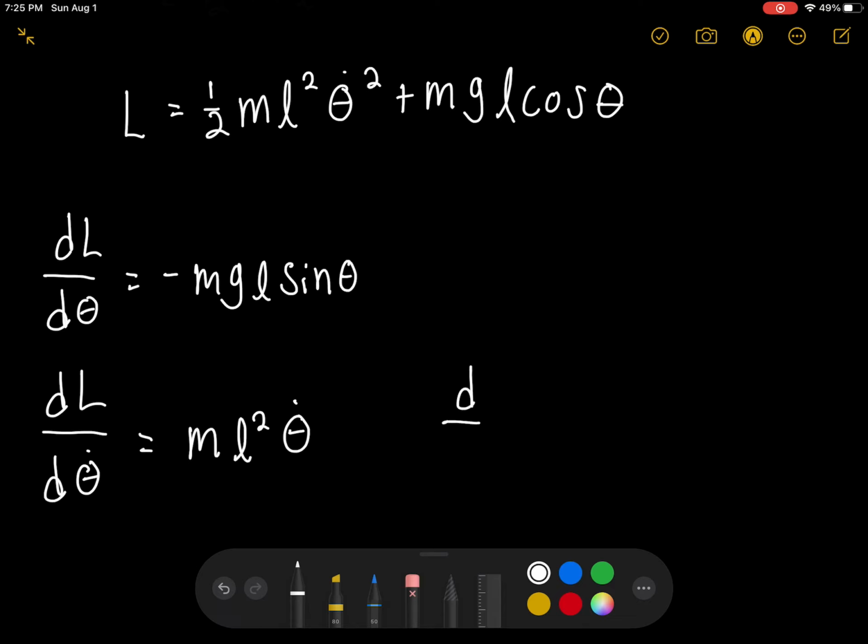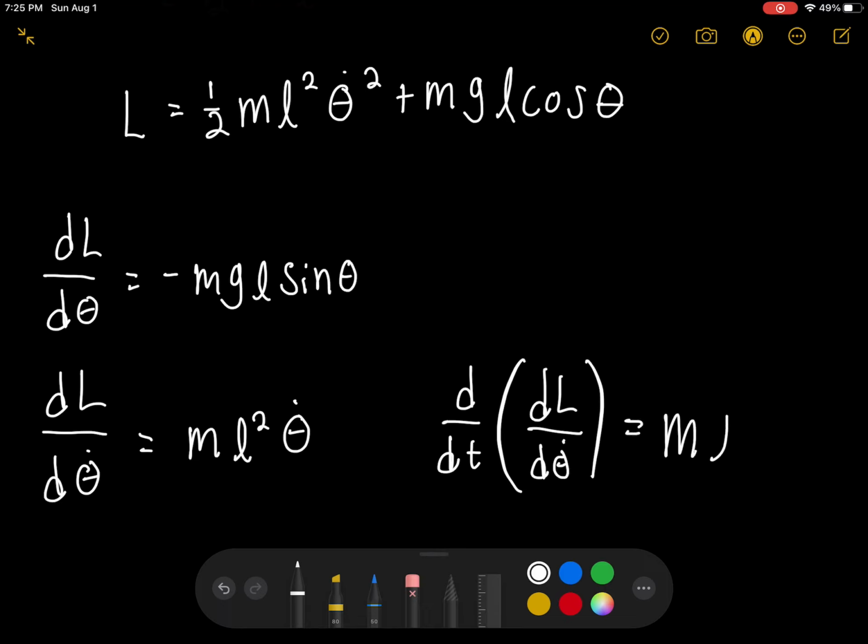And lastly, d/dt of the thing we just did, that is going to be mL squared, and remember that we're taking a derivative with respect to time. This just turns out to be theta double dot, the second derivative.